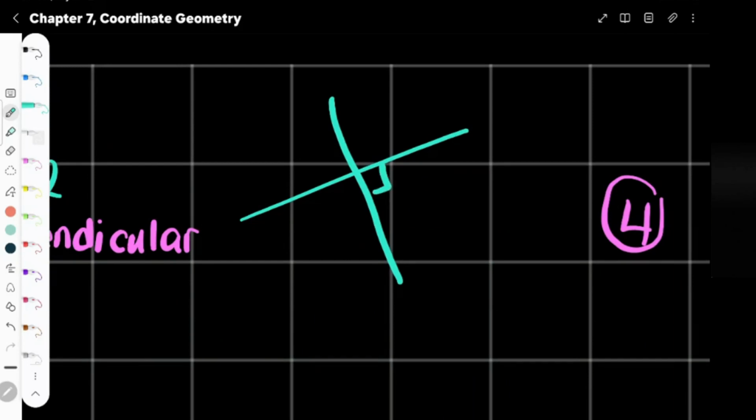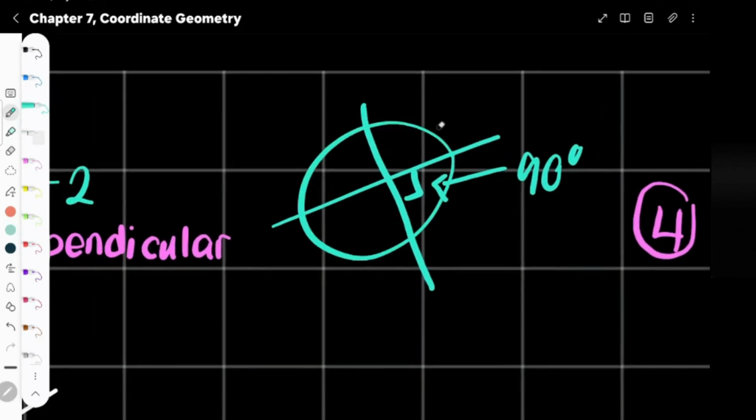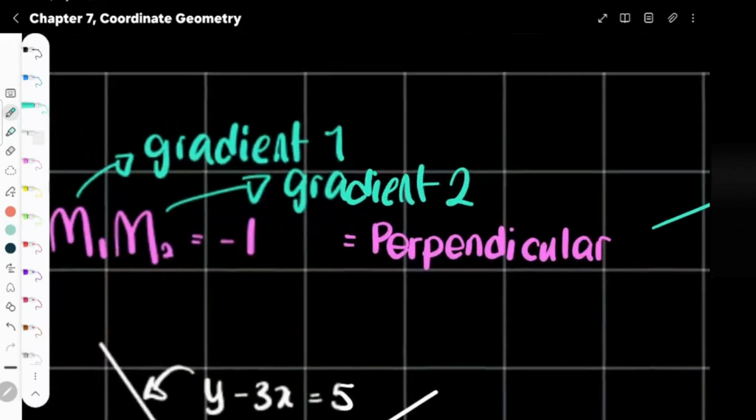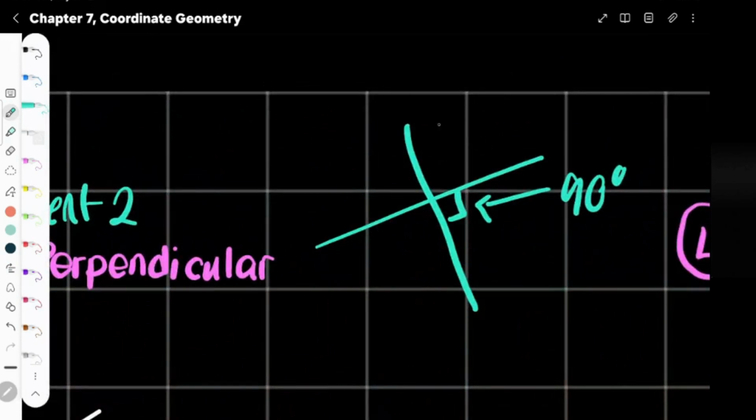Okay? Perpendicular is 90 degrees. That's all. Very simple, right? So they want to ask, is this perpendicular? If you want to know, you have to multiply both of the gradients, this first gradient and this second gradient, and then you will get -1. If you get -1, you will get a perpendicular.